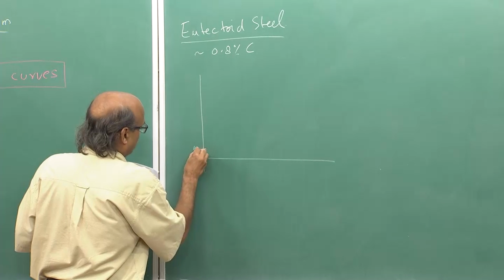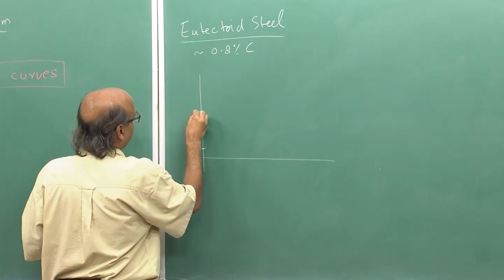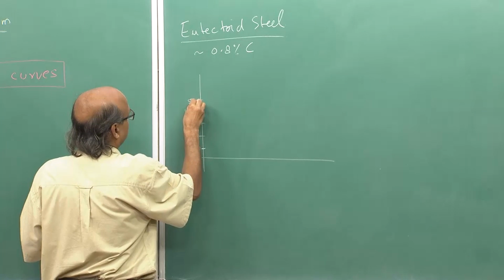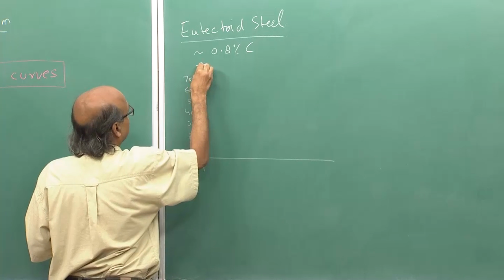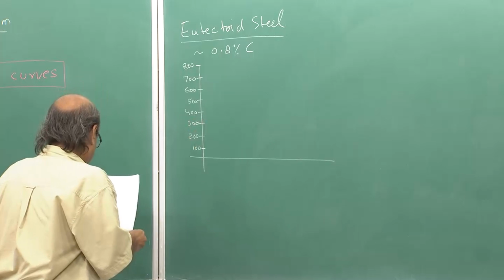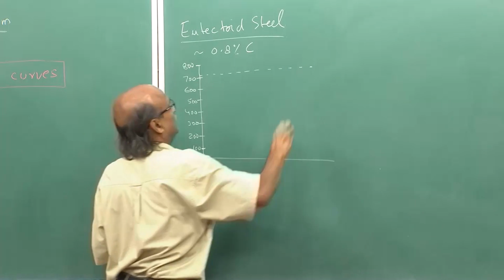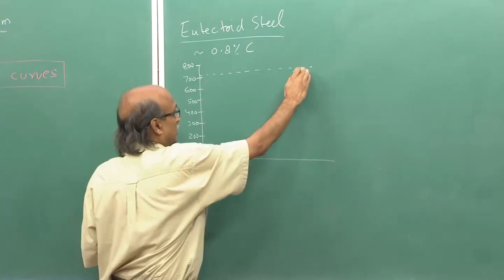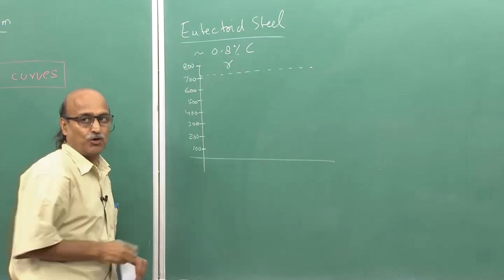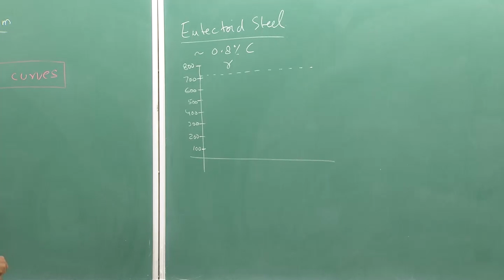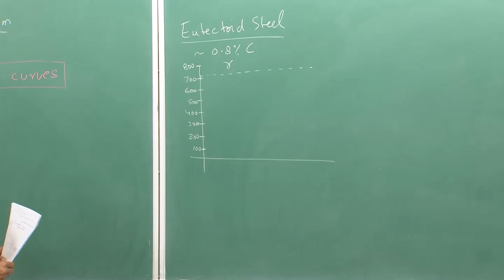I'll put down the vertical axis as the temperature axis. Somewhere here is the 723 degree centigrade line, or the eutectoid temperature line. Above this temperature we have all austenite in the steel, and below this we would have ferrite and cementite.